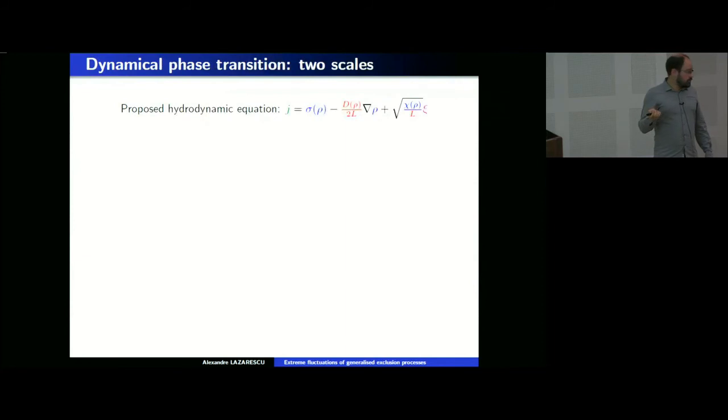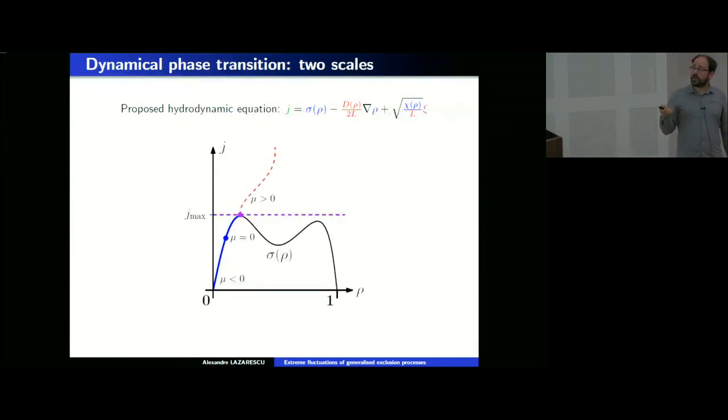So to interpret all of this, there's a fairly simple physical explanation for that dynamical phase transition. Look at some proposed hydrodynamic equation, coming from the macroscopic fluctuation theory, but putting in a drift which scales with the size of the system, and then rescaling the current by the size to get a small diffusion and still a small noise.